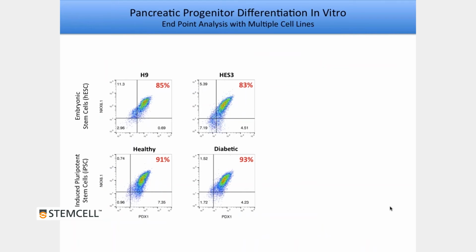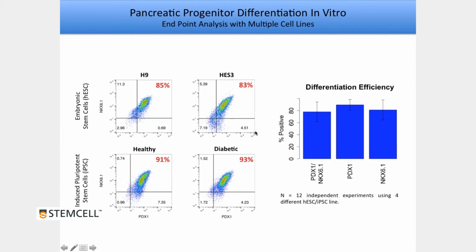Given that, what I next wanted to know was how efficient this differentiation protocol is. Here you can see 4 representative FACS plots for the 4 different lines I just showed you, showing the expression of PDX1 and NKX6.1 protein. In each case we get a really great efficiency of differentiation.